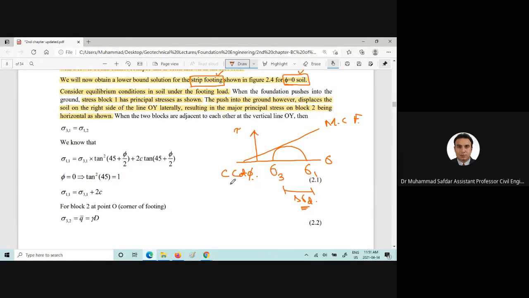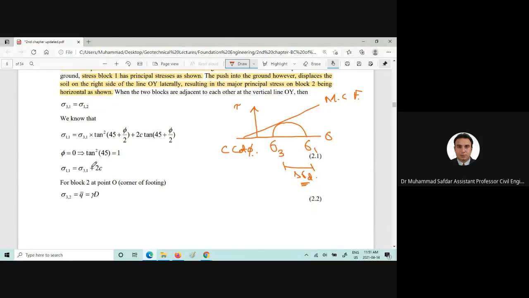Now, if we want to compare sigma 1 and sigma 3, which are the major and minor principal stresses, we can write that equation here, but we already know that phi is equal to 0 and tan squared 45 would be equal to 1.